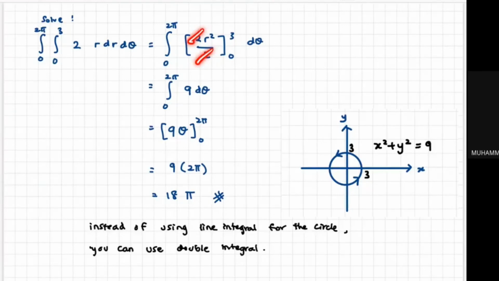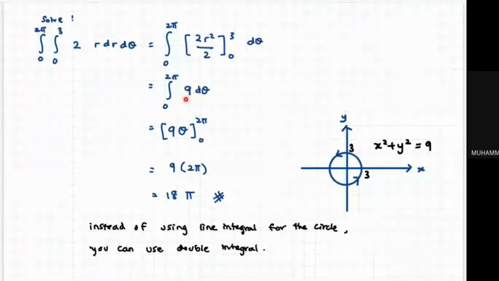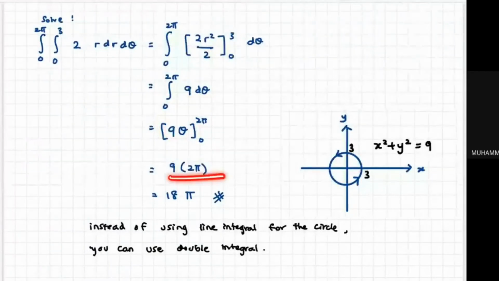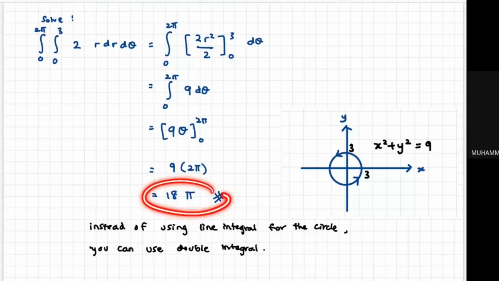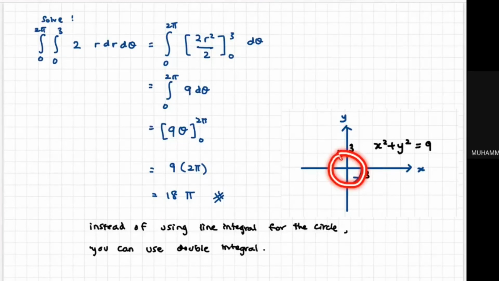Integrate this with respect to r, you get 2 r squared over 2. Simplify this, substitute r equal to 3. 3 squared is 9, 9 minus 0. So you just have to solve 9 d theta. With respect to theta, we get 9 theta.